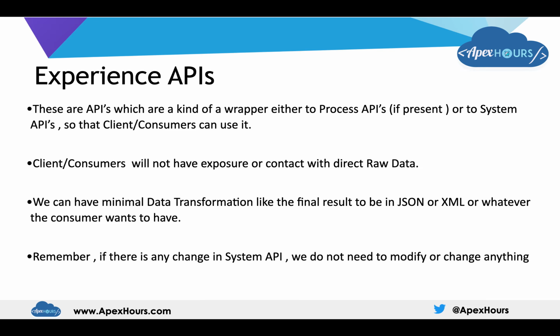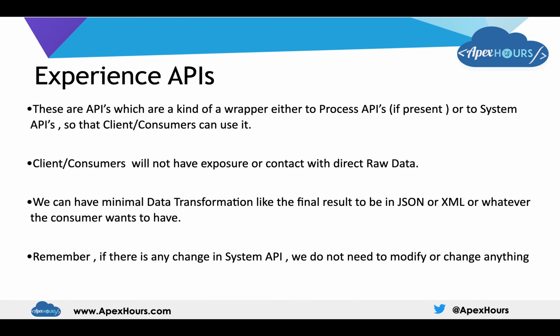Okay, and remember, if there is any change in system APIs, because you want to add some new field inside Salesforce, or add a new column inside the Oracle database, you don't have to modify anything in the experience or process layers, unless there is a requirement to add the new field directly, in which case you will change the experience API as well.